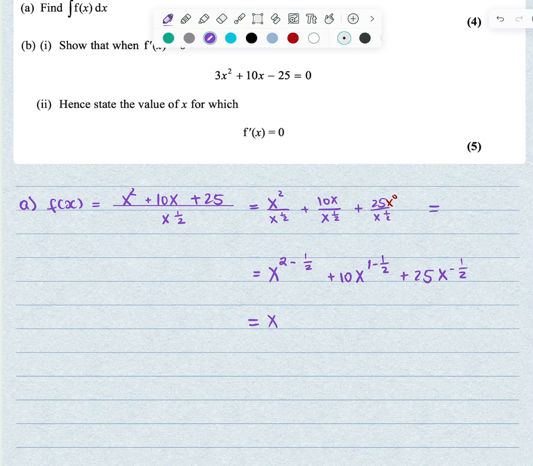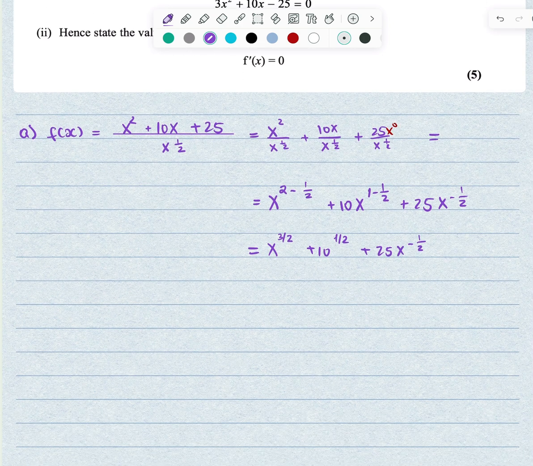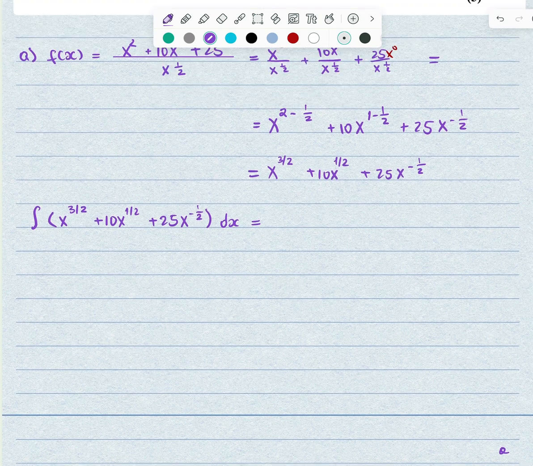It's basically going to be x to the power of 3/2, plus 10 x to the power of 1/2, plus 25 x to the power of negative 1/2. So after that you do the integral of x to the power of 3/2 plus 10 x to the power of 1/2 plus 25 x to the power of negative 1/2 dx.